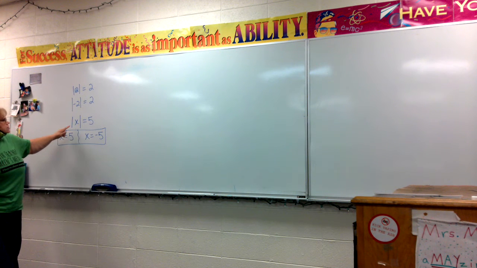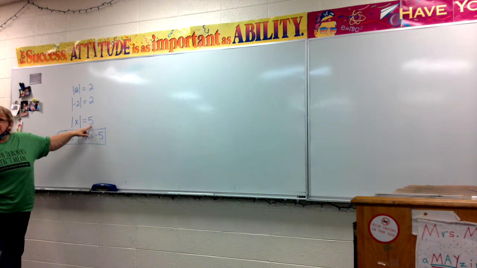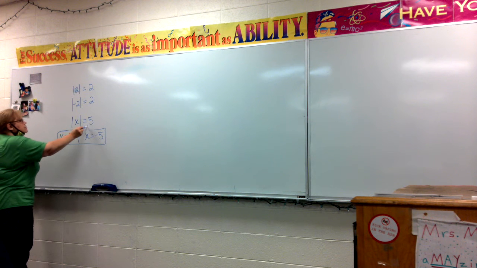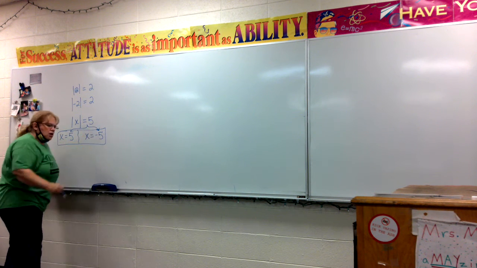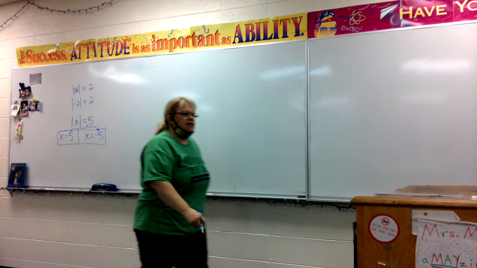If the absolute value of x is 5, it could be equal to the positive value, but it also could be equal to the negative value.